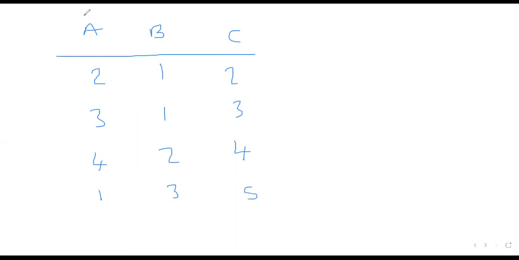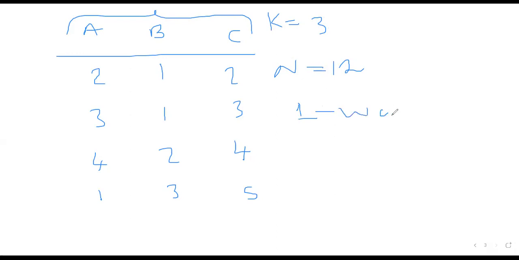K is the number of treatments, and treatments are columns. So what is our K? 3. N is the total number of elements we have. What is our N? 12. This is a one-way ANOVA because we have variations coming from one factor.